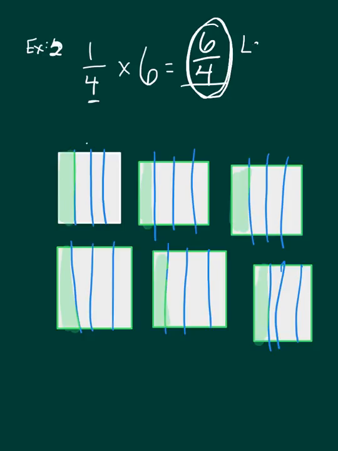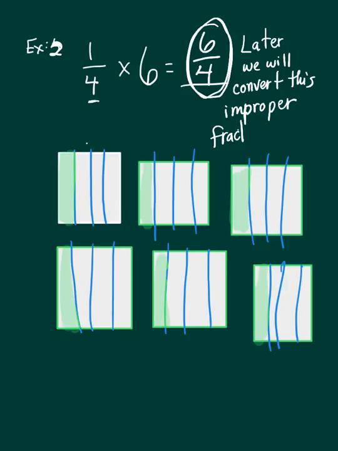So later, we will convert this improper fraction, because this is called an improper fraction, because the numerator is greater than the denominator, into a mixed number. You might already know how to do that, but that's what we're going to do.